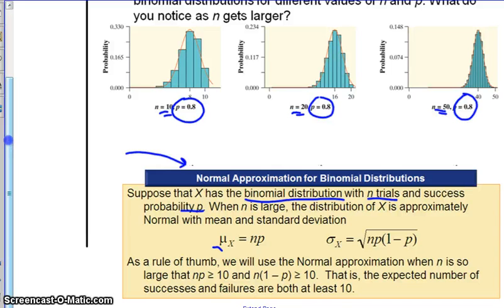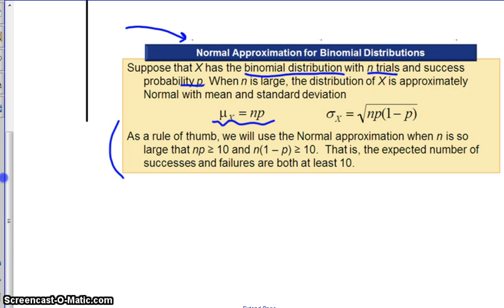Well, that's nothing new. And then as a rule of thumb, okay, this is something else we're going to use as we come in. This is more of our conditions. This is going to be called our normal condition. Again, we'll use this a lot of times when we're checking for inference.